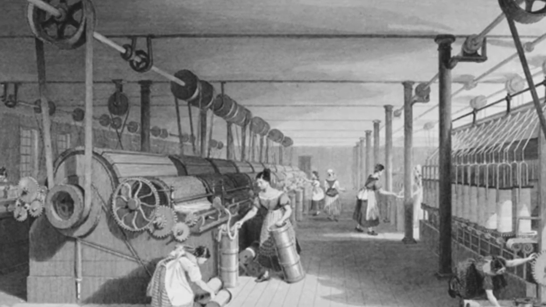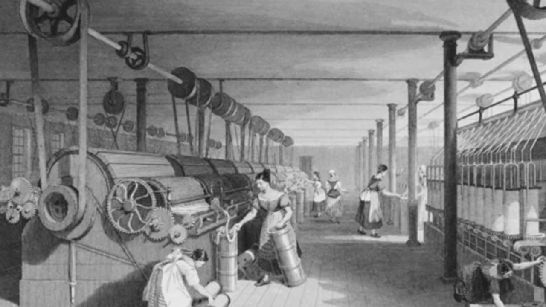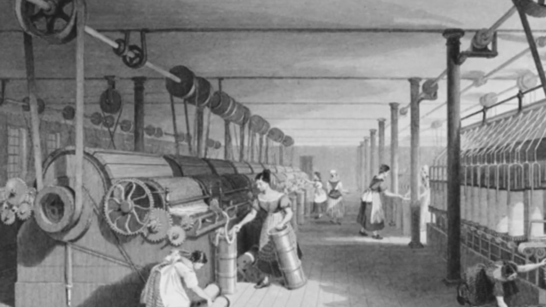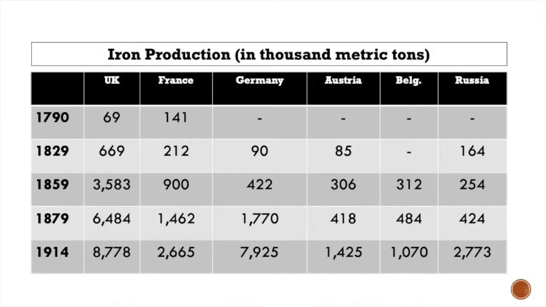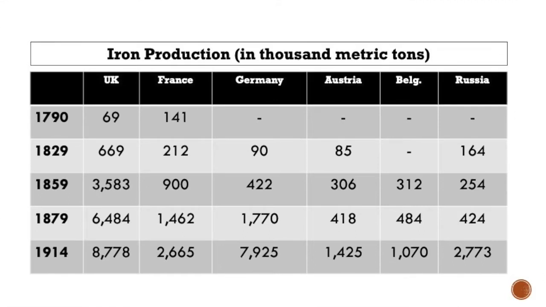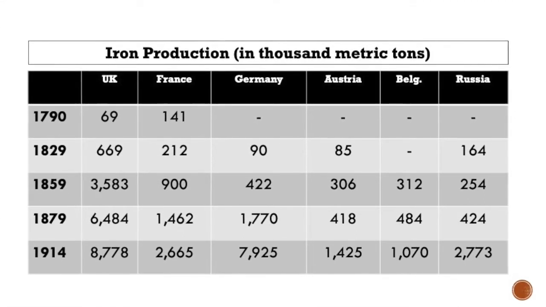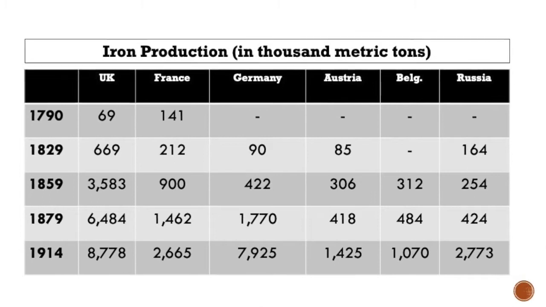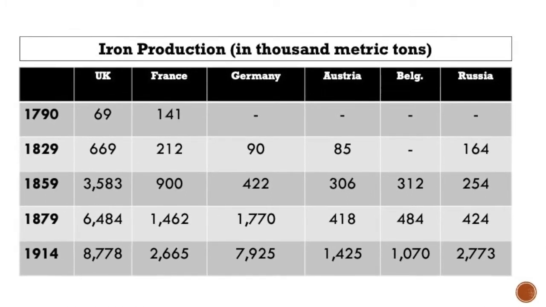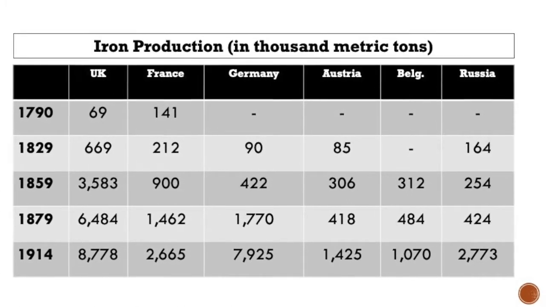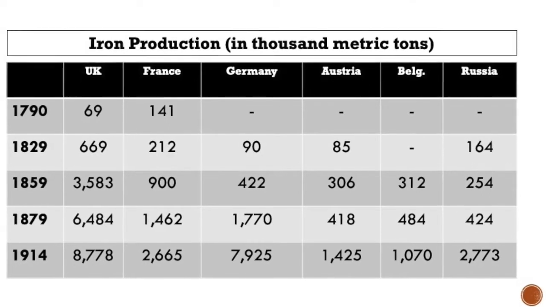Factories were placed in cities where there were large labor supplies, and they actually drew people into cities to get jobs. To show you some evidence of this, the chart you see right here is a chart of iron production in European countries over time. Iron was one of the main industrial goods produced by many European countries at this time. It was a bedrock of the industrial economy.